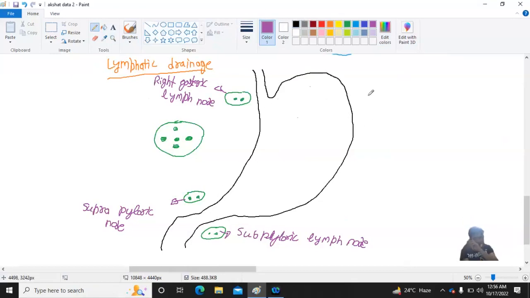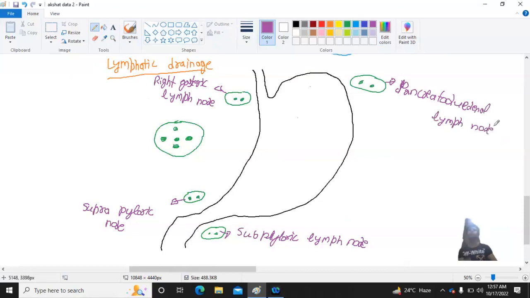And another is this, on the left side. So again, here is a lymph node called the right gastroepiploic, pancreaticoduodenal lymph node.